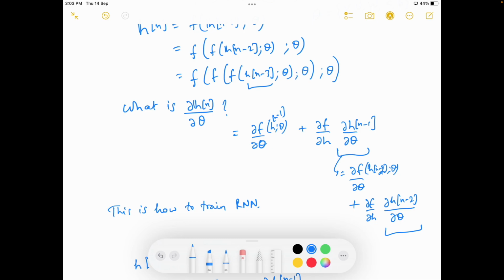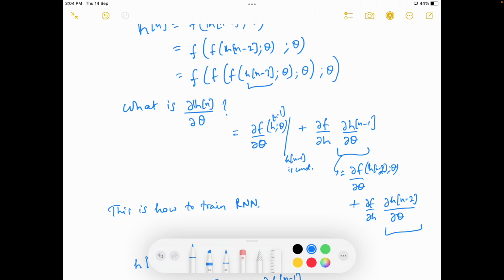This is basically the derivative of f with respect to theta, assuming h n minus 1 is constant. Okay, actually I should write that there. So assuming h n minus 1 is constant, you take the derivative of this function of theta, plus then assume theta is constant and take the derivative with respect to h only, that I have written explicitly.